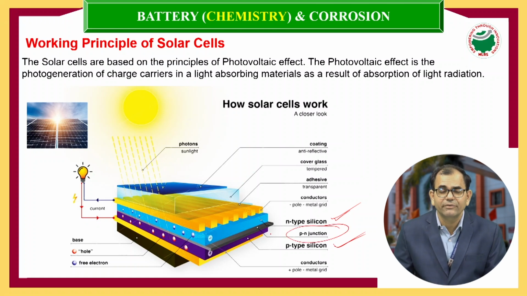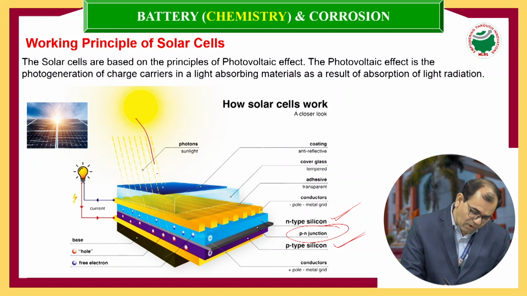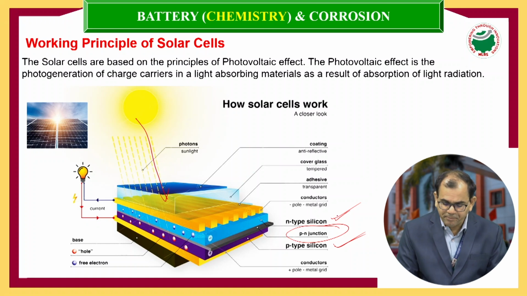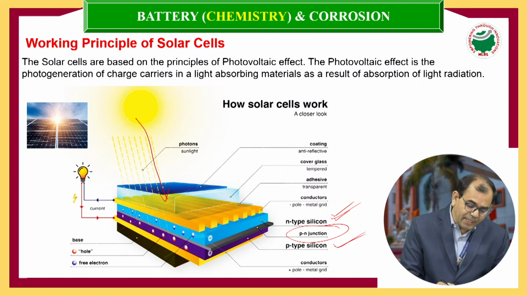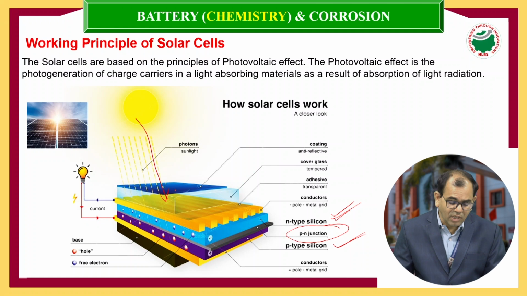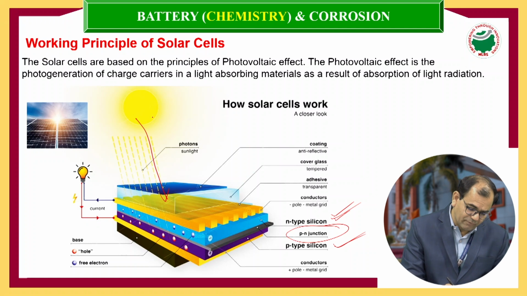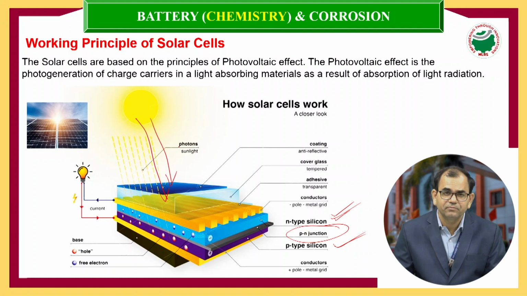It is something like a sandwich. Whenever sunlight falls on top of the N-type silicon semiconductor, it tries to absorb the photons that have fallen on the surface.